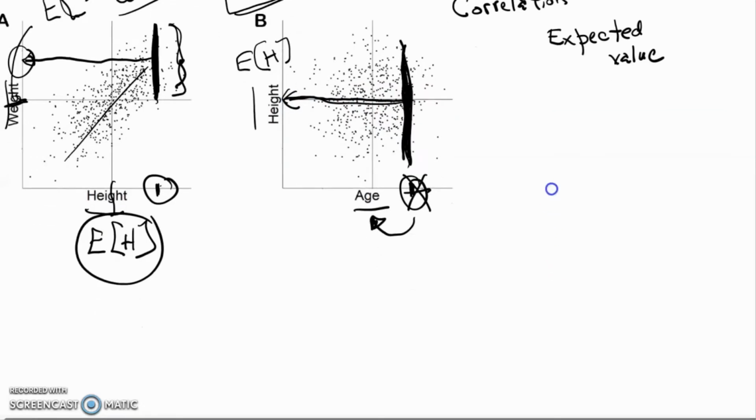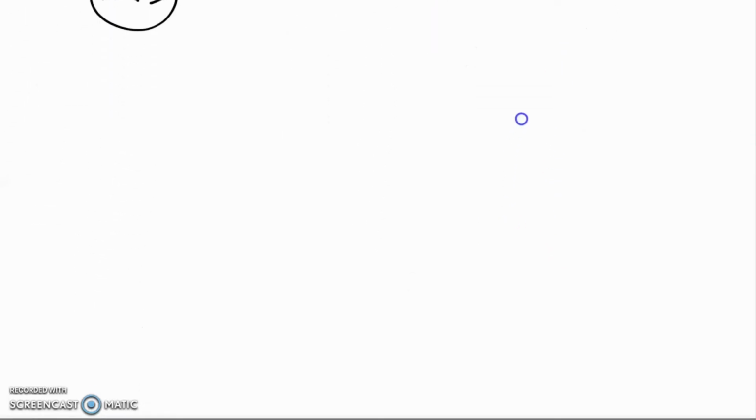Okay, so with that introduction, what I want to do is simulate some data to get a better handle on this idea of autocorrelation. And I want to begin with some uncorrelated data. I'm going to simulate some uncorrelated data.